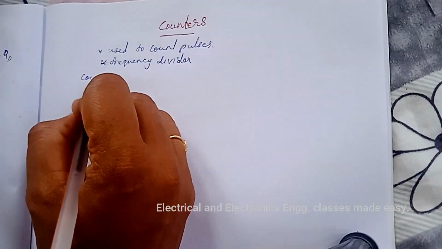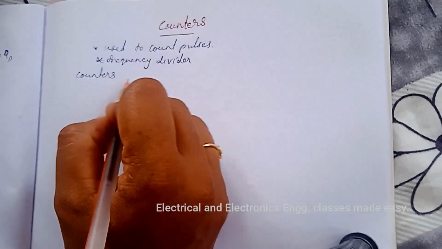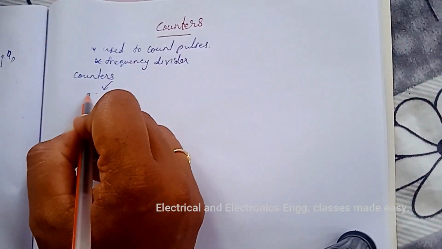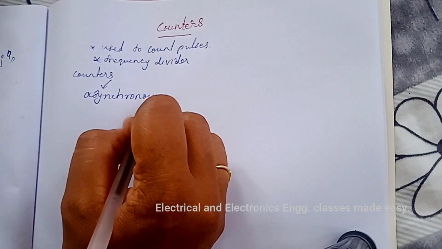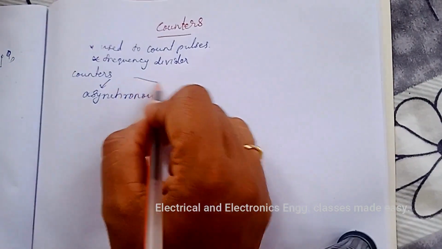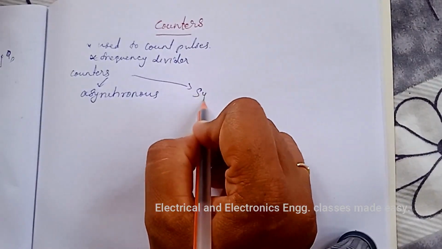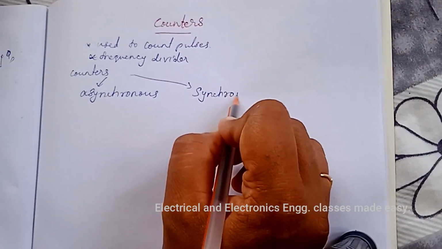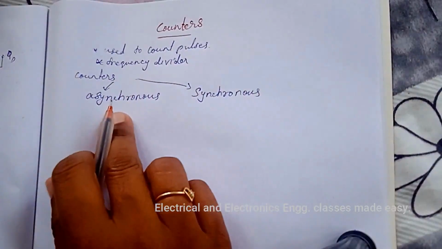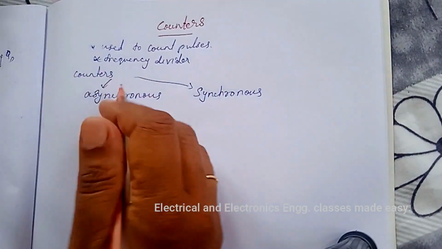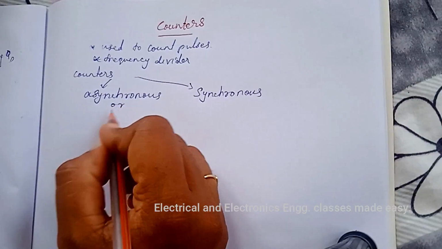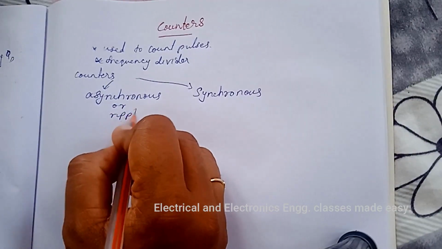And counters may be asynchronous counters or synchronous counters. Asynchronous counters are also called ripple counters.